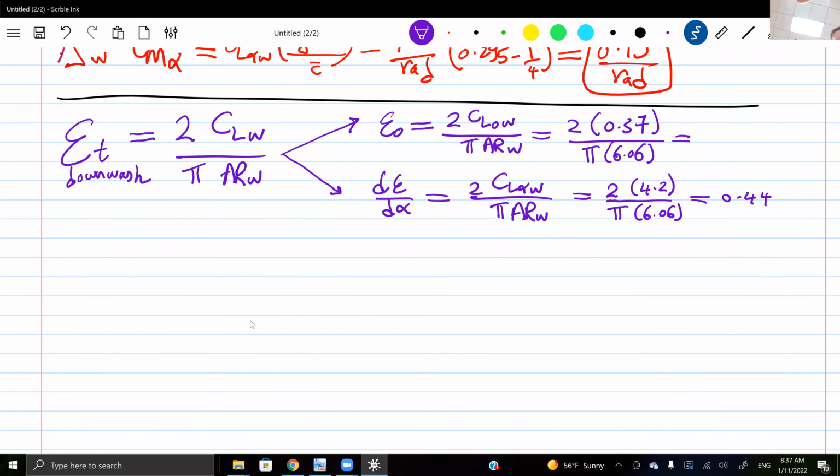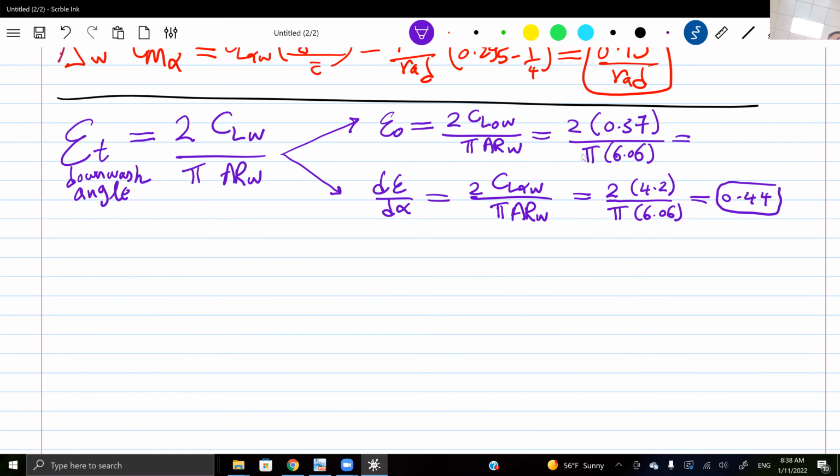0.44. And you can see here, epsilon is a downwash angle, so it has units of angle. And here I'm dividing by alpha, which is another angle, so they cancel out. So the d epsilon by d alpha has no unit. Epsilon naught, like I said, is an angle, so this actually has the units of an angle.